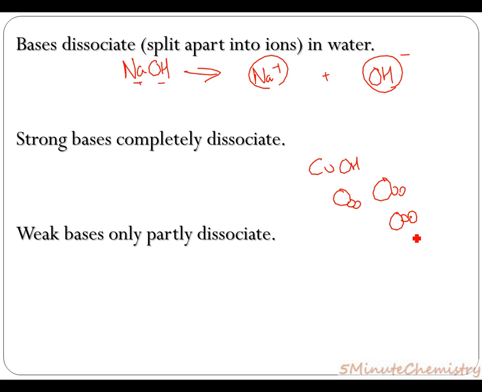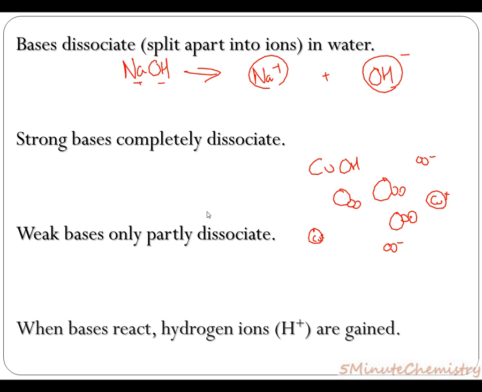Now these aren't to scale. You'll have several of these copper hydroxide molecules that are still present in solution, but you will have some positive coppers and you will have some OH minuses that are floating about on their own. So that is going to be our weak base.